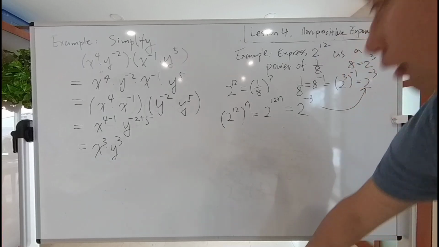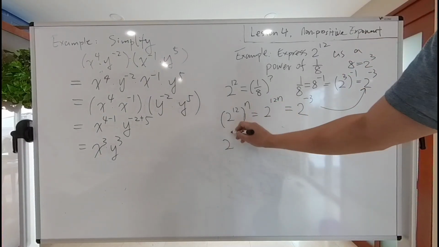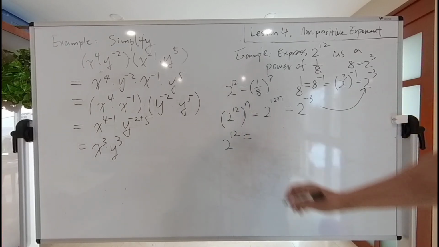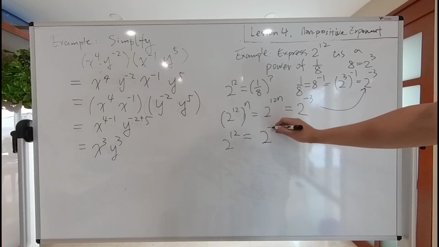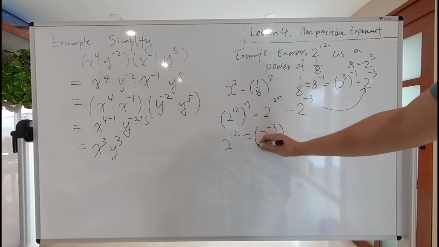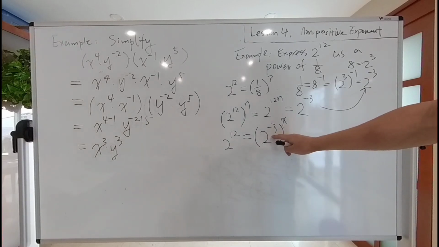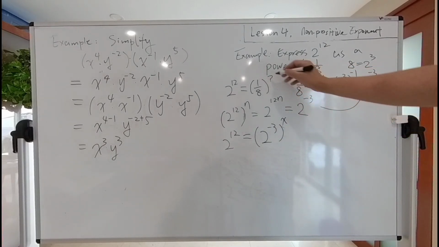So let's take another approach. What if I have this number 2 to the 12th power equal to 1 over 8 with a certain power x? This is 1 over 8, and this is x, which is the unknown power.